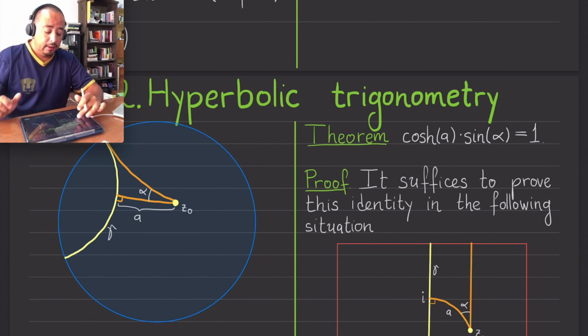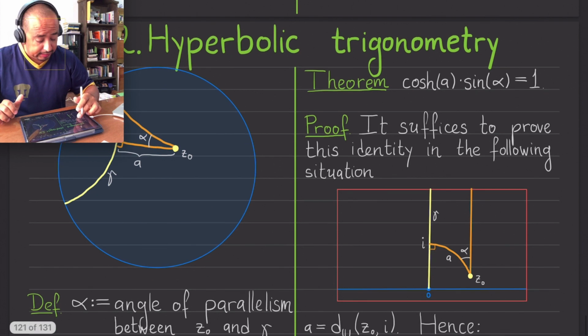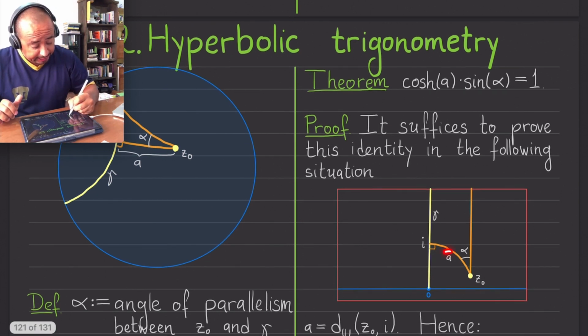So A then becomes the distance between i and z naught, because it's precisely this length.